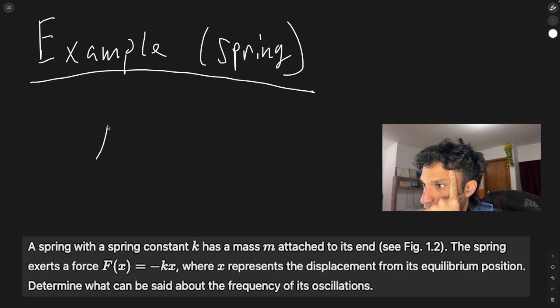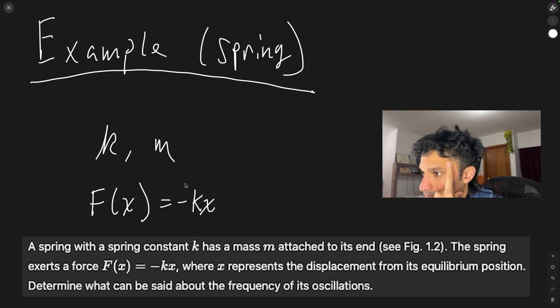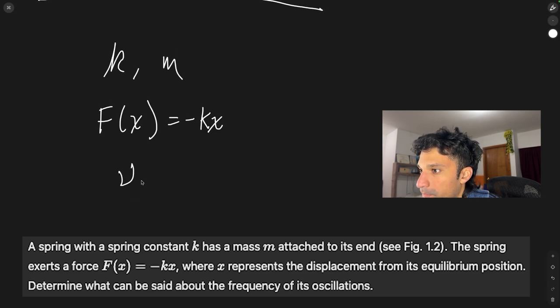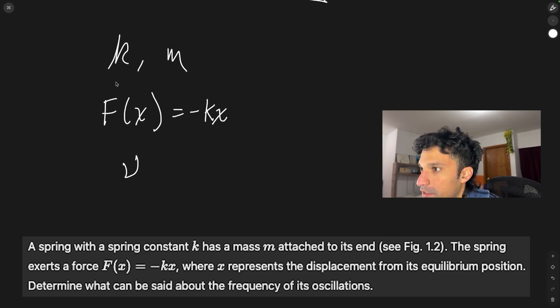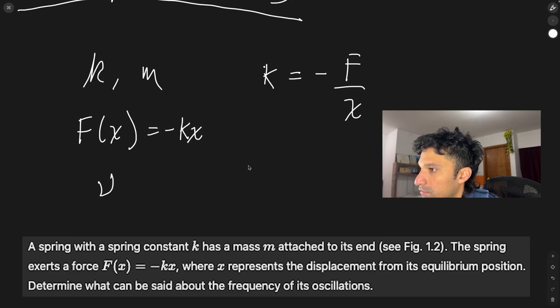So here are our known values. We have the force. So again, we're dealing with frequency, right? So we need some combination of k, x, and m to give us frequency, yeah? K is negative F over x, okay?